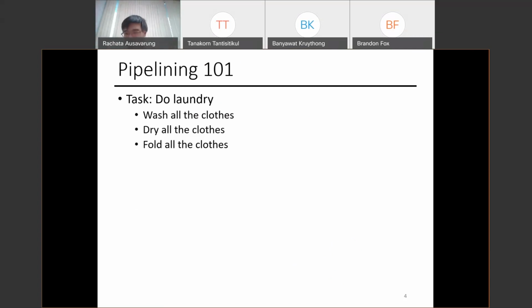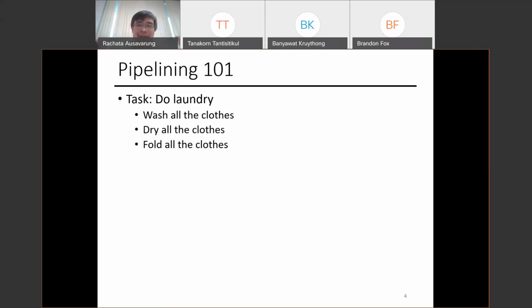It's going to end up as a weird soggy piece of clothing which you can't use. So it has to be in order: wash, dry, fold, wash, dry, fold. Each of these steps takes its own amount of time, but these are the tasks you have to do when you process your laundry.